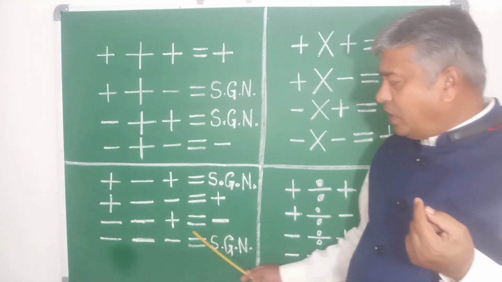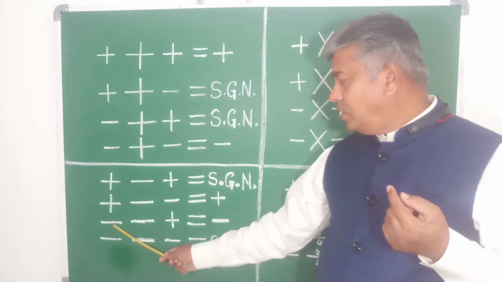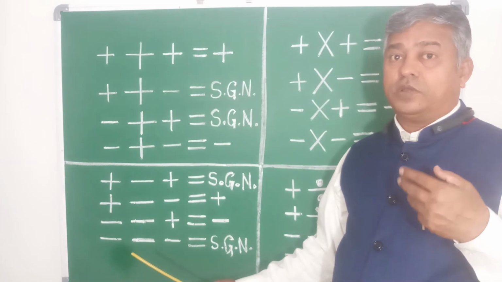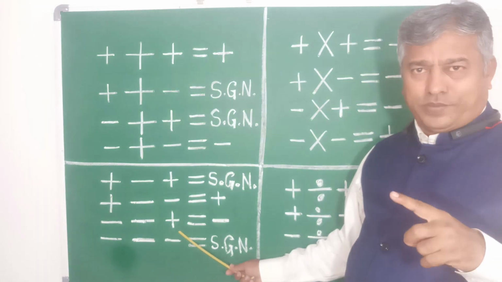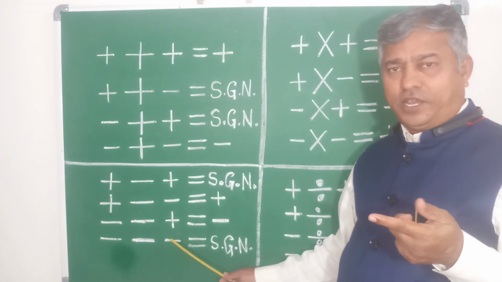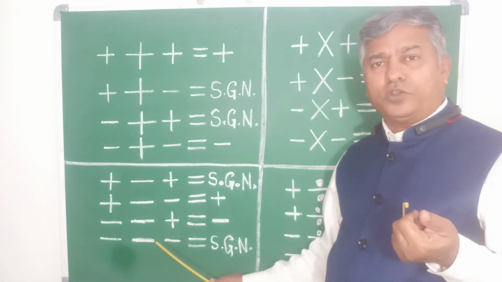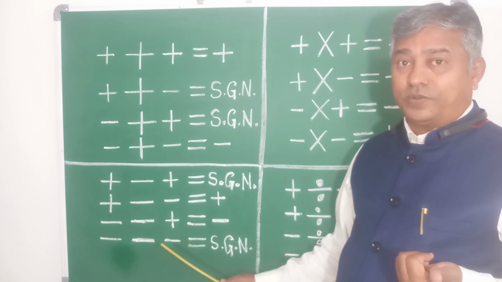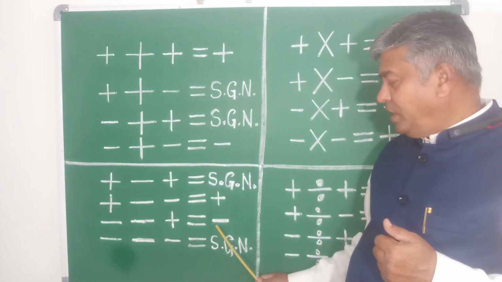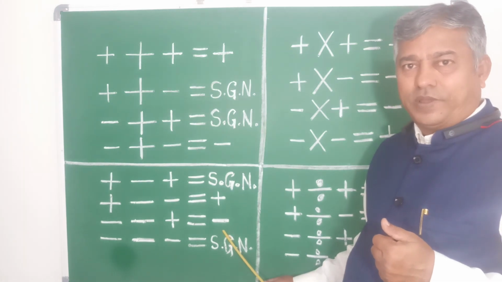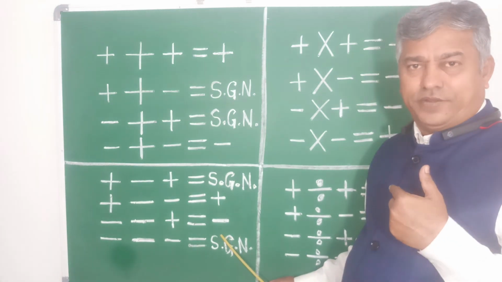Okay, now the third point, the subtraction of a first negative number and a second positive number. In this case the second positive becomes negative, meaning the subtraction of such numbers should be negative and those should be added.